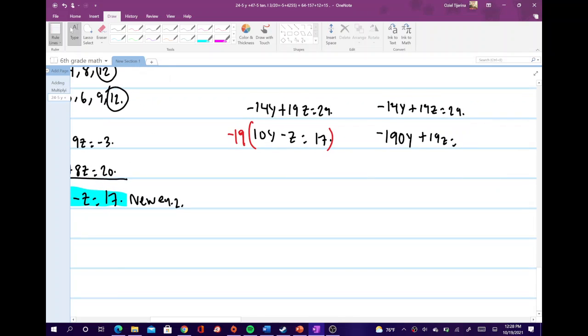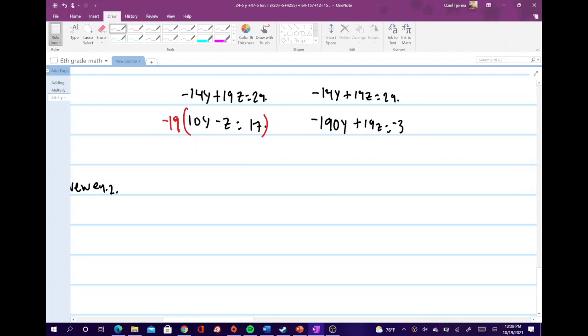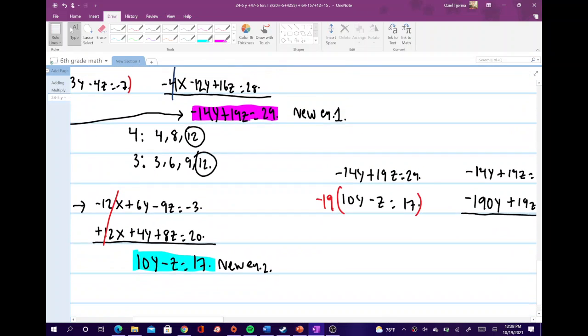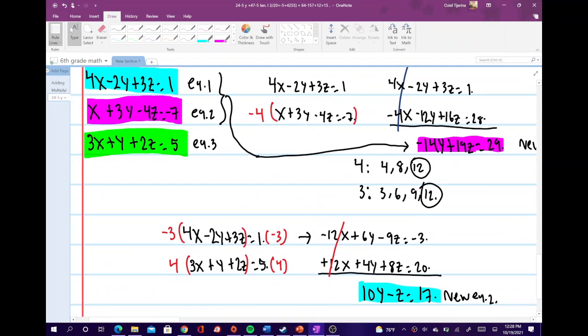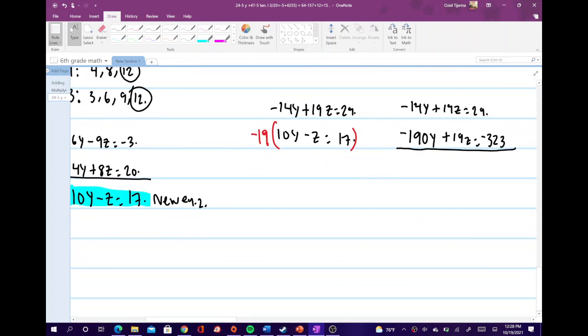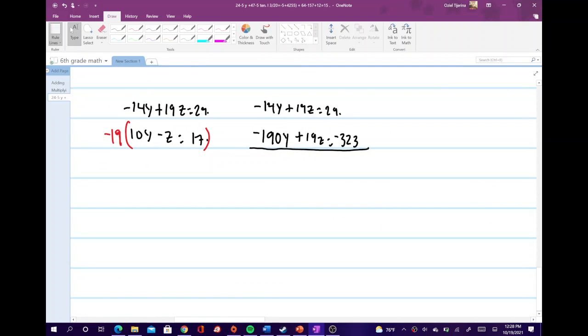So we're going to have negative 323 here, because negative 19 times 17 is just negative 323. If you're multiplying one side by a number, you're also multiplying the other side by that same number, okay? So negative 190 minus 14, we have negative 204y.